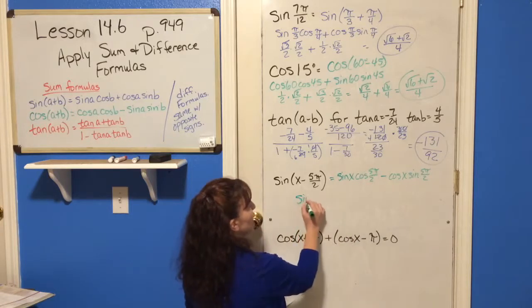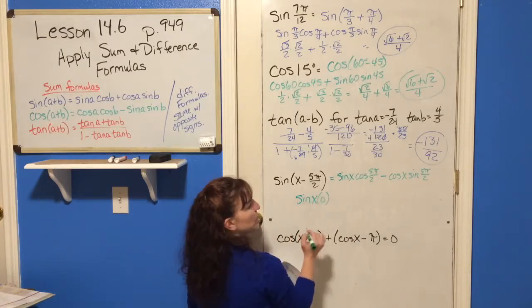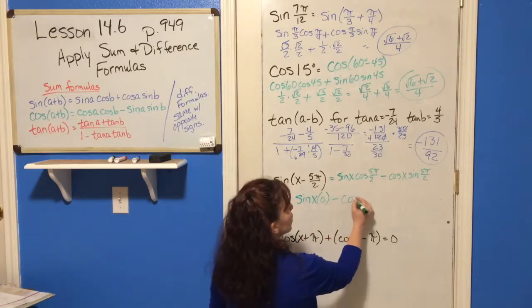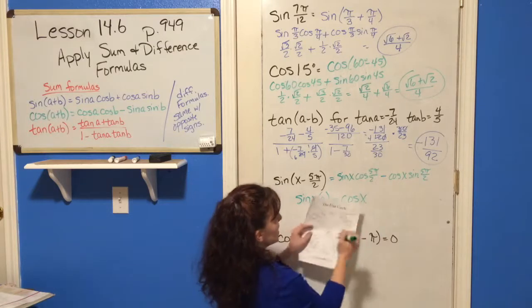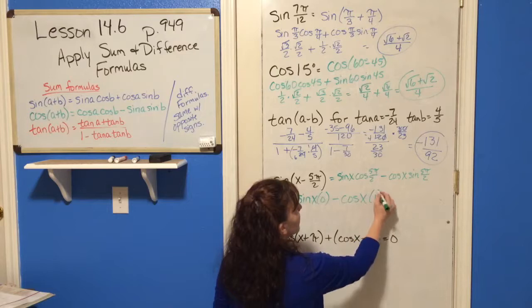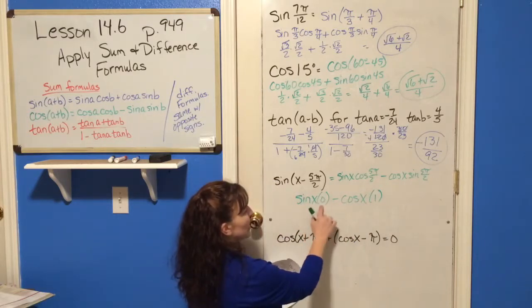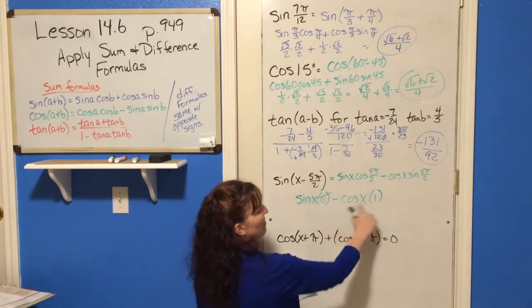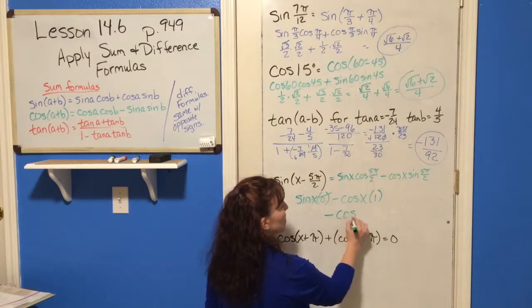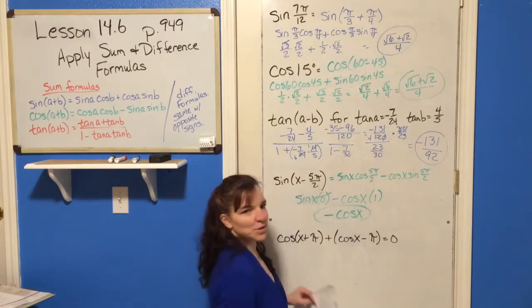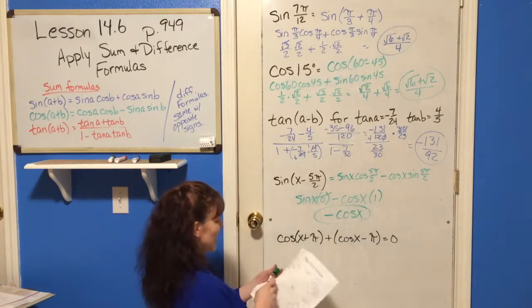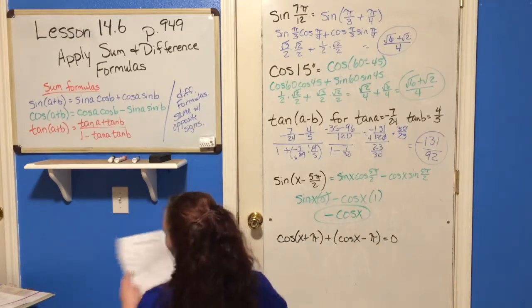So we have sine of x times 0 minus cosine of x times, the sine here is 1, times 1. So this times 0 goes away, and this times 1, negative cosine of x is your final answer. Easy sneezy.